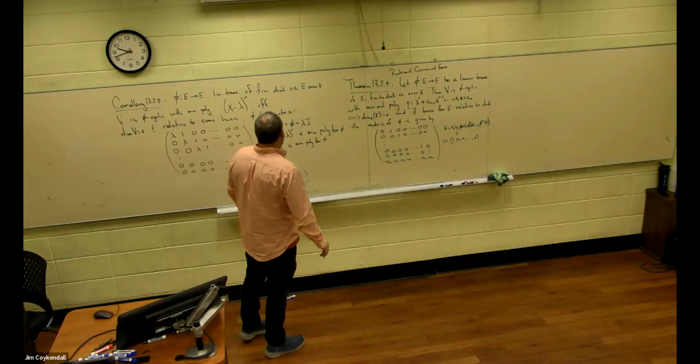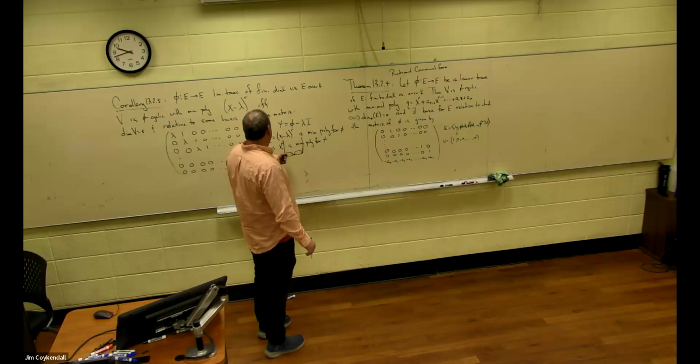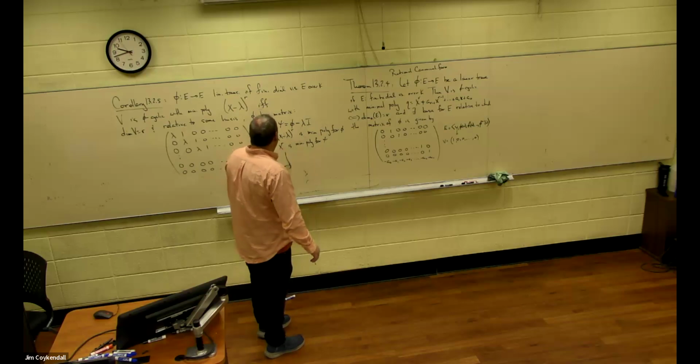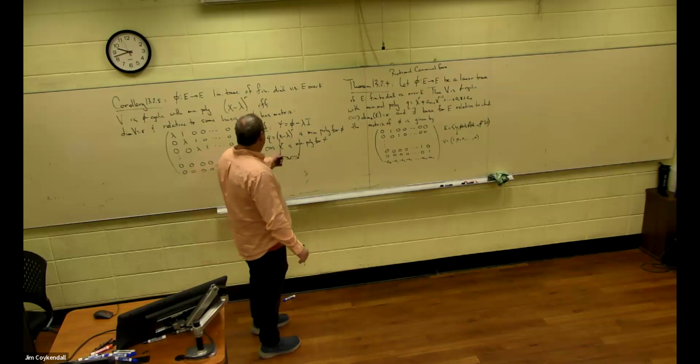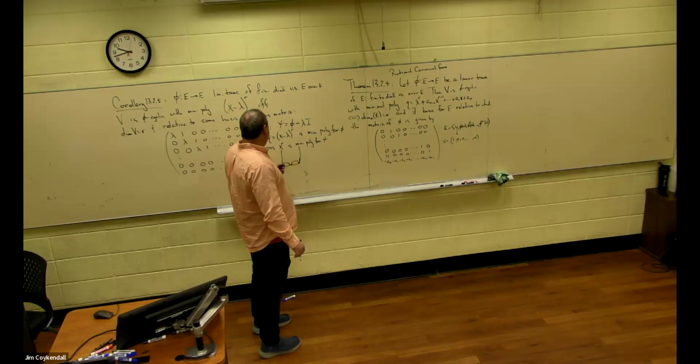So that means that if this is the minimal polynomial for phi, then x to the r is the minimal polynomial for the pitchfork.